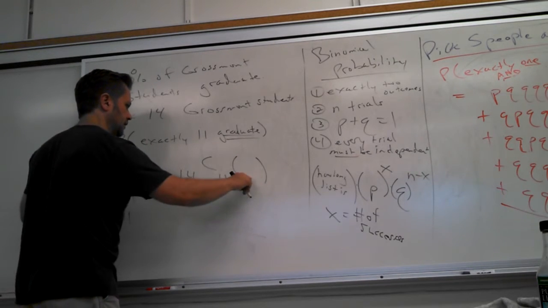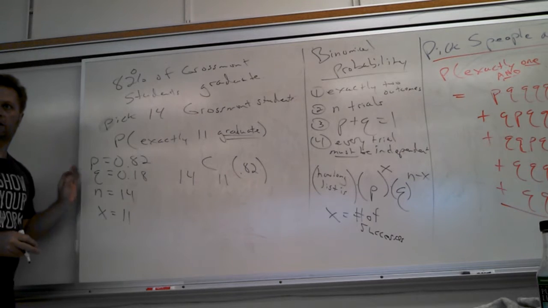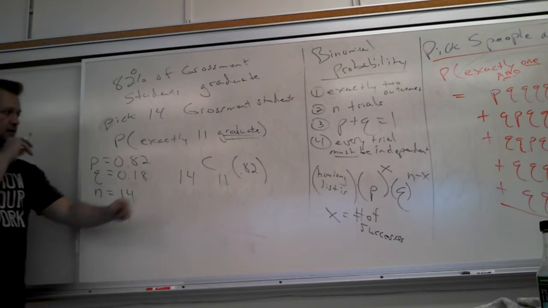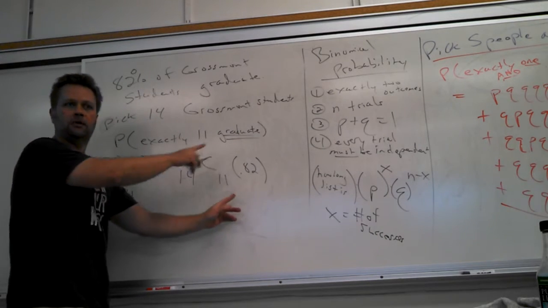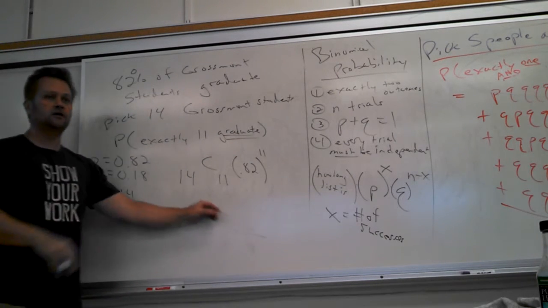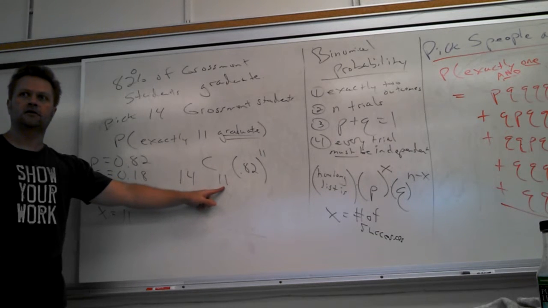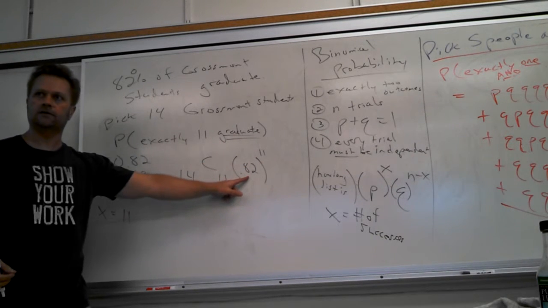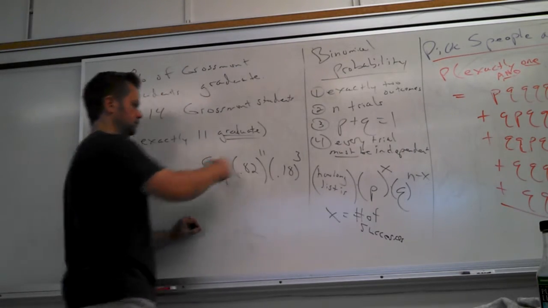Which means how many successes will I have? The success rate is 0.82. That's the success probability, right? How many of them will I have? I'm going to repeat myself a little bit. 11 of them, of course. So I've got 14 people. I want to choose 11 to be successes. So I've got 11 successes. So how many failures? 3.